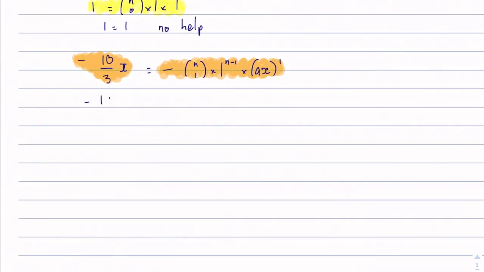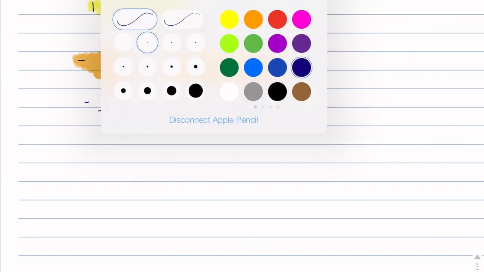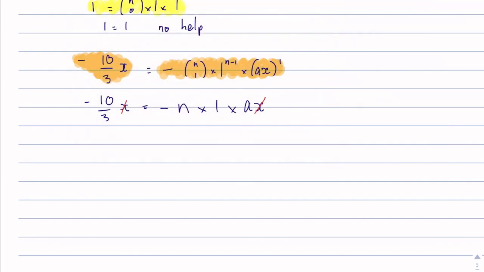Now, we've got -10/3 x equals, well, nC1 is always n, 1 to anything is 1, and ax to the 1 is just ax. I'm going to assume x doesn't equal 0, and get rid of the x's. So I know -10/3 equals -an. There's not much I can do with that yet, so I'm going to put an asterisk next to it and come back to that.